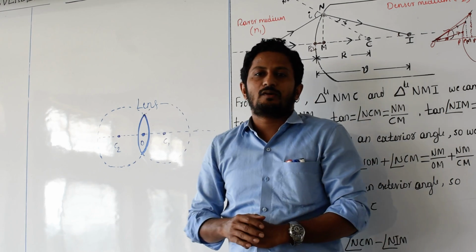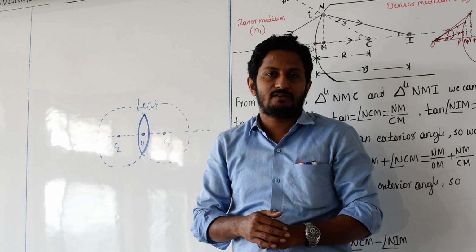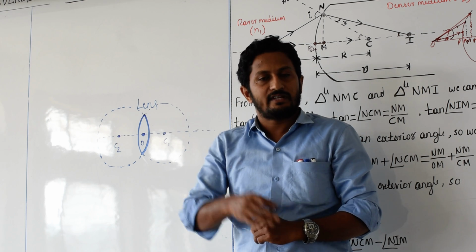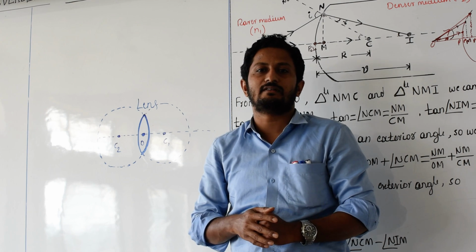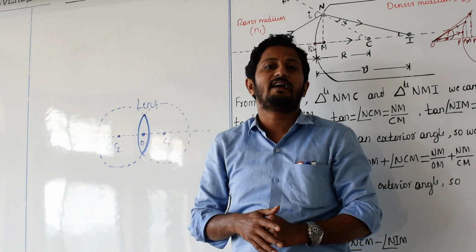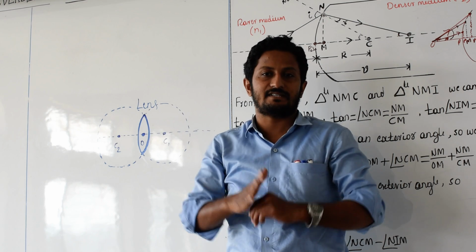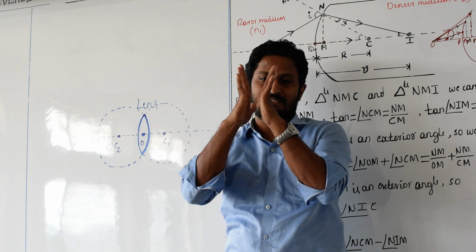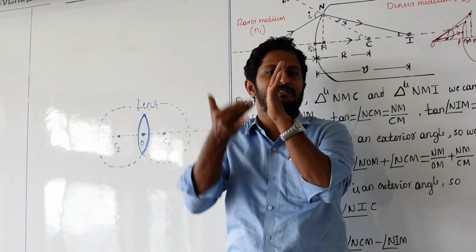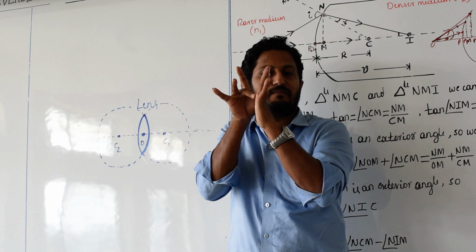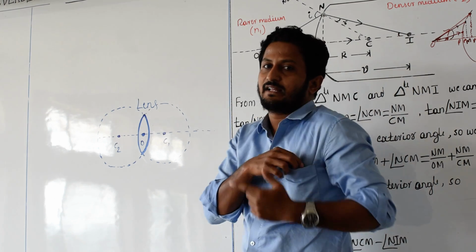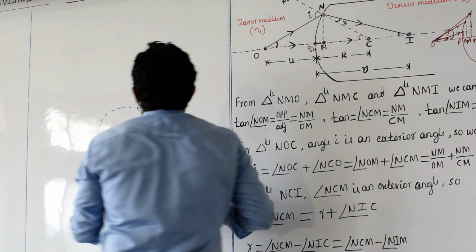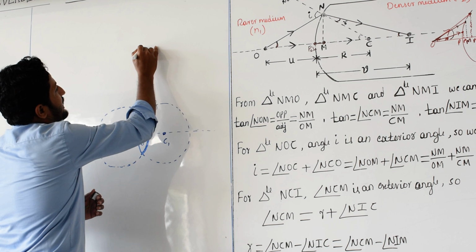One more is there, the concave lens. Concave. If the lens is thin at the middle and thick at the edge, it looks like this. You see here, this is the edge and this one is the middle. How does it look? Middle thin than the edge.